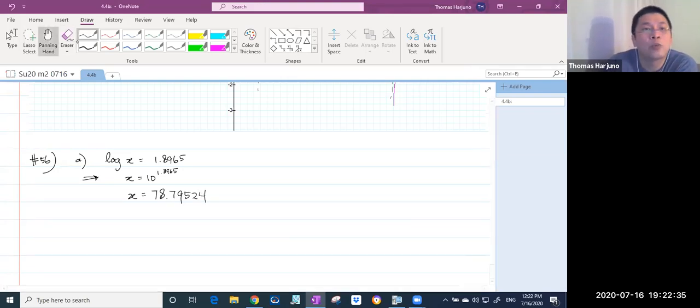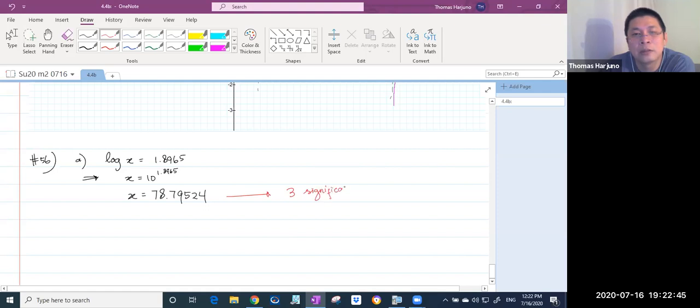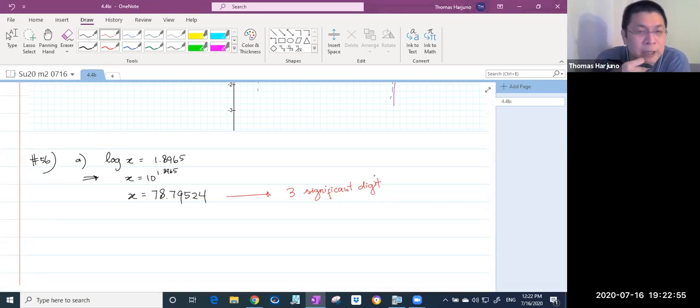Our textbook mentions something about 3 significant digits. Basically, 3 non-zero numbers. So if you have 78 point blah blah blah, I want 5 decimal places.